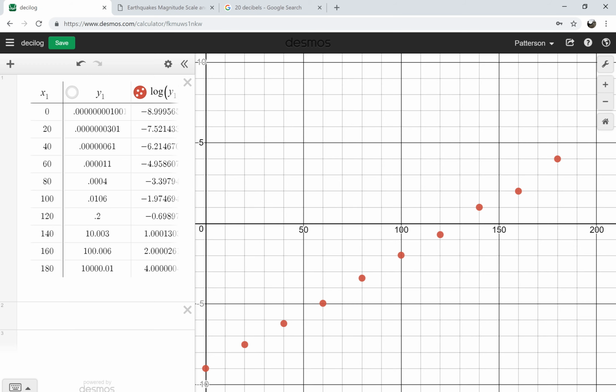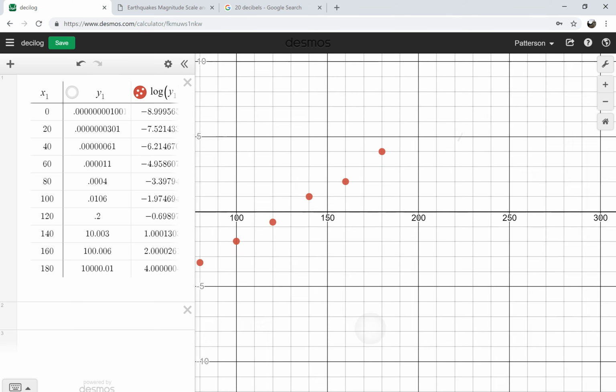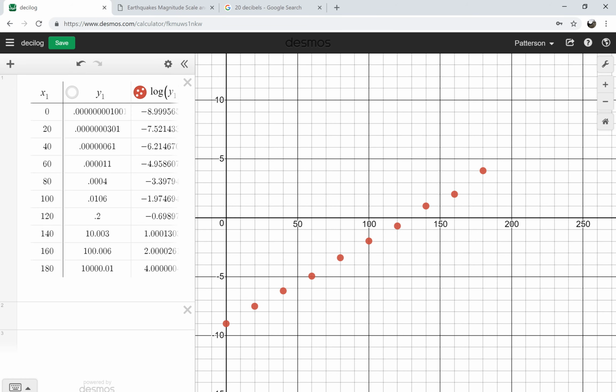The problem is that it won't find a regression for us because it's not set to an actual variable here, like y1. It's set to a log of y1. So we have to do it the old-fashioned way, right? So let's find y equals mx plus b by looking at the slope. I'm just going to pick the slope between 2 points.